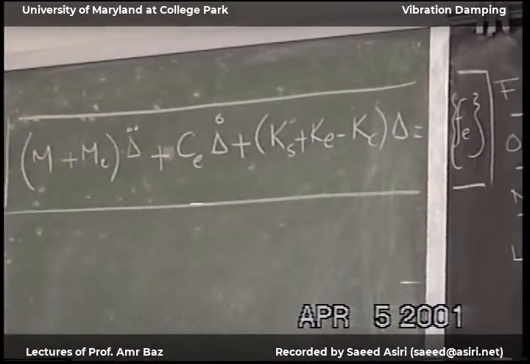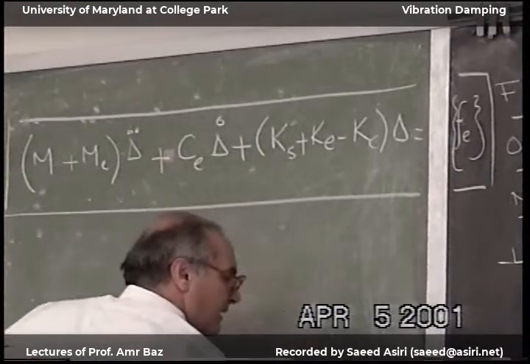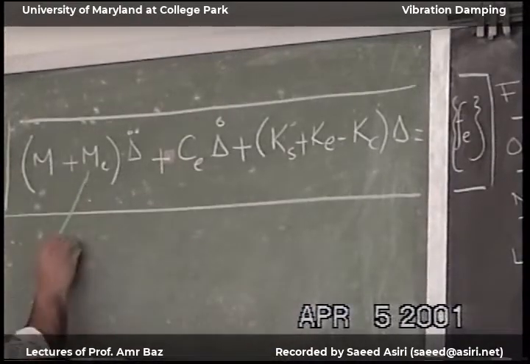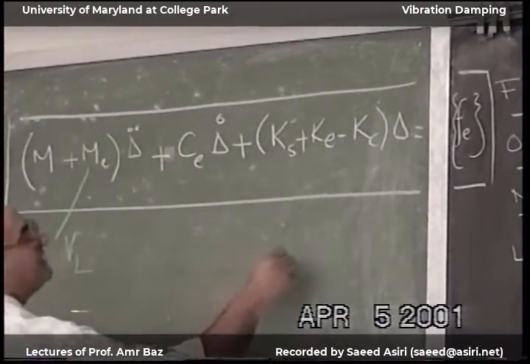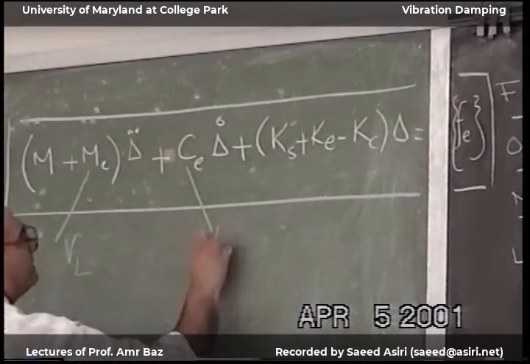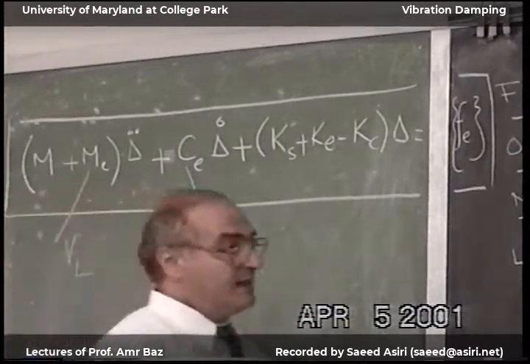In the handout that you have, I give this the symbol VL, and I give this the symbol V sub R.